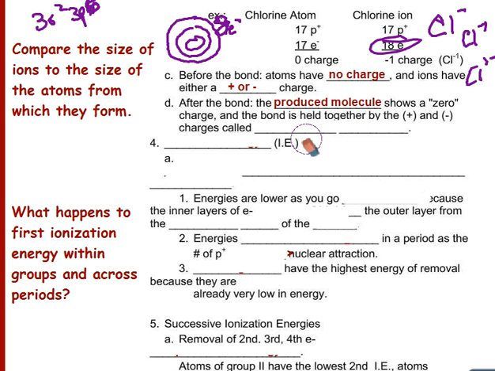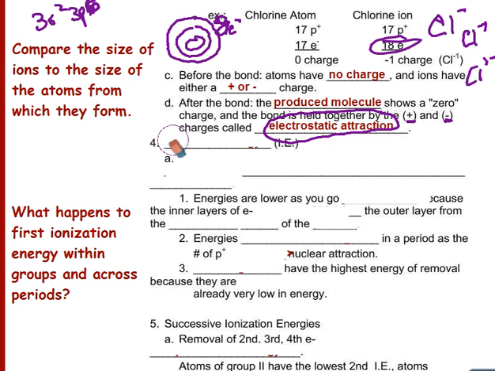The bond is held together by the positive and negative charges, called electrostatic attraction. This is a key word that I want you to know and learn. When positives and negatives get together and attract each other, it is called electrostatic attraction, and this is what holds our positive and negative ions together.